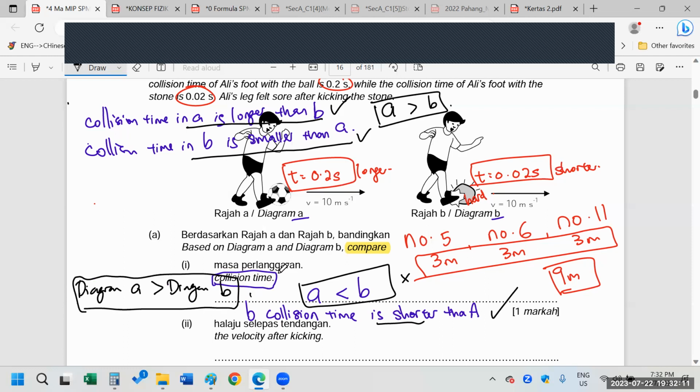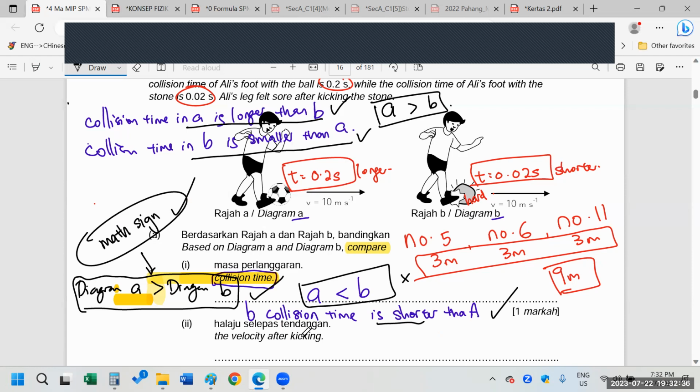Actually, can, if you use this math sign, can. But I don't encourage it.